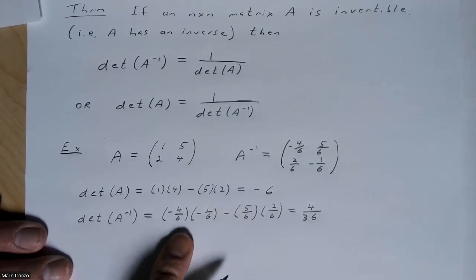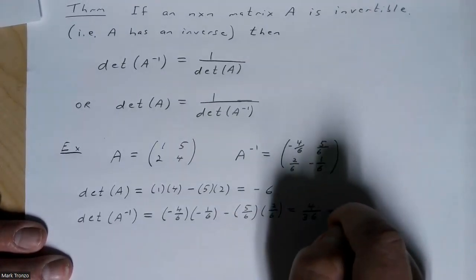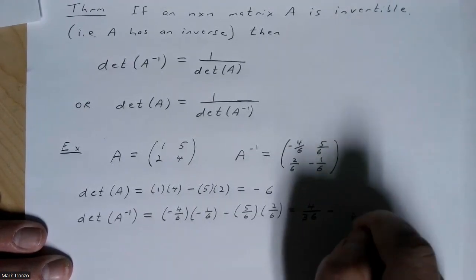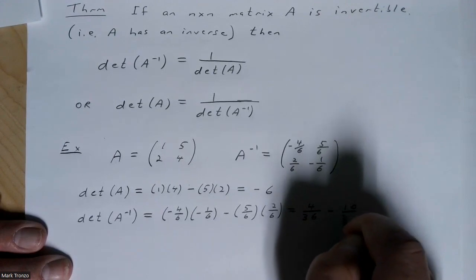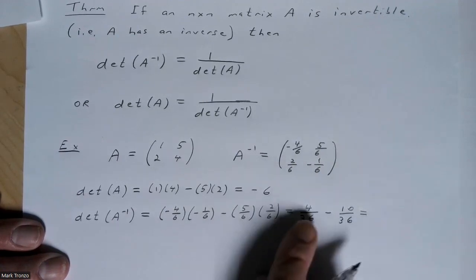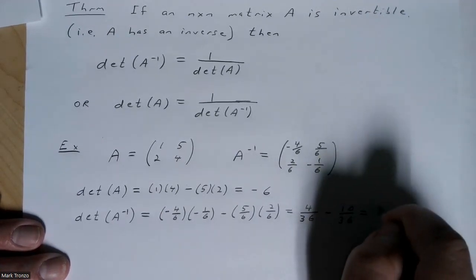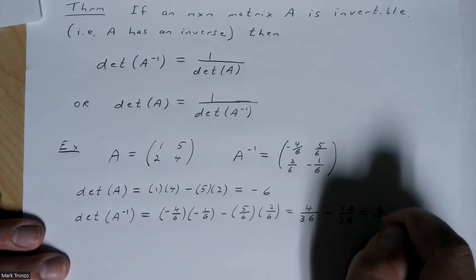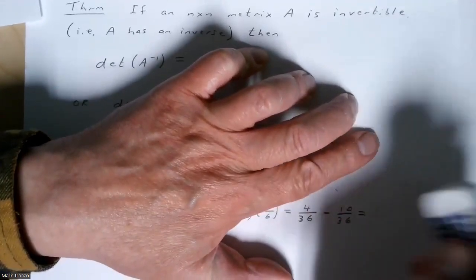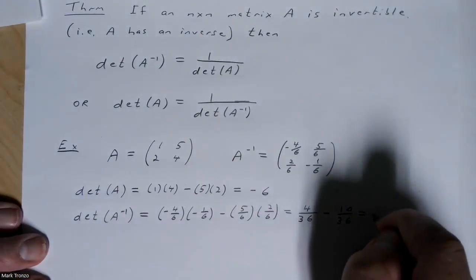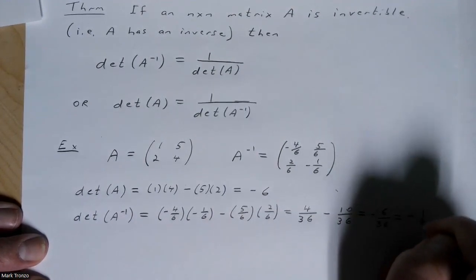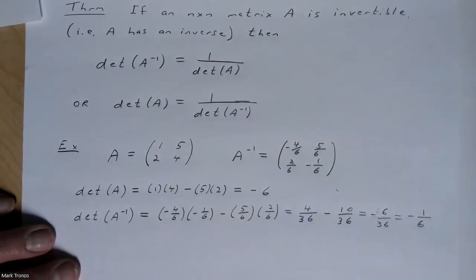And multiply these together, 10, 36 like this. We get minus 6, divided by 36, we get minus 1/6 like that.